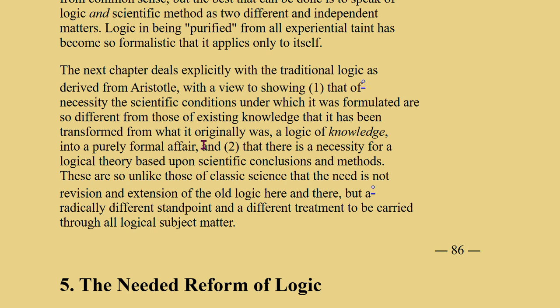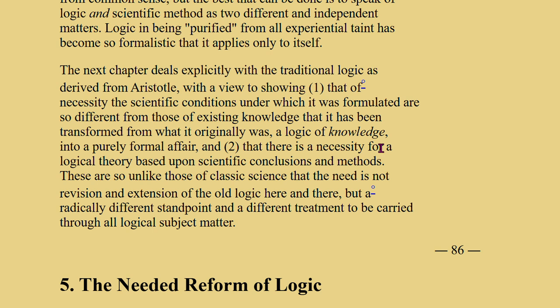Right, so Aristotelian logic was invented, created, generated under conditions that are so different from what we have today that it's become a purely formal affair. That to try to rely on it today, it becomes a purely formal thing that cannot really be applied.